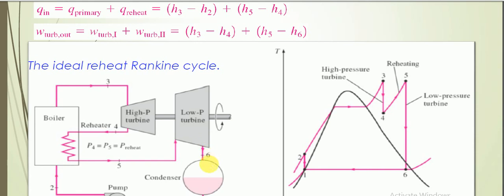Then it is passed through a condenser. After condensation, it is pumped again to the boiler. That is, 3 to 4 is the high pressure turbine, then reheated, and 5 to 6 is the low pressure turbine. Then again it is condensed and pumped back to the boiler. Then the same thing repeats.